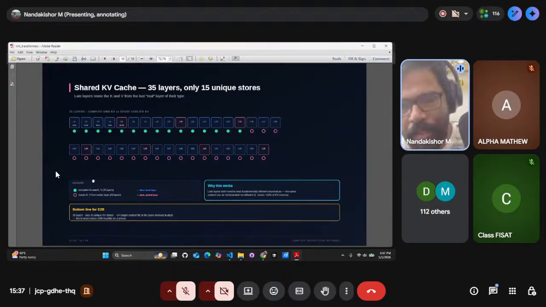So you don't need to compute every value. You only need to calculate a couple of layers, like 15 or 16 layers, and then reuse it from there. If you have 35 layers, you can just compute the first 15 and use those previous layers' values for the rest of the layers.